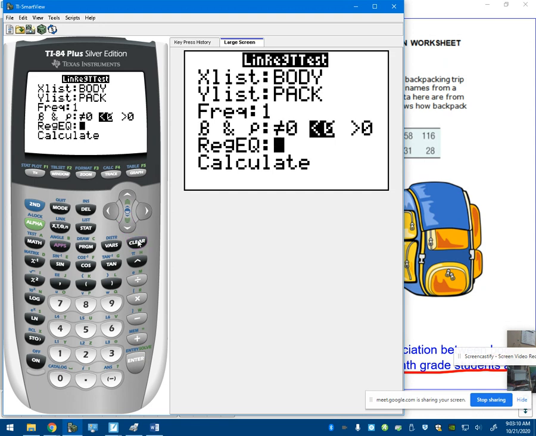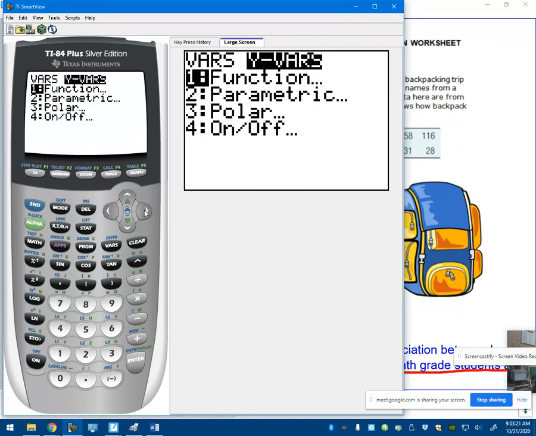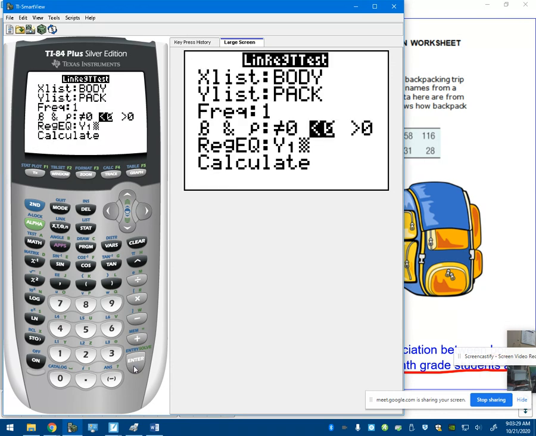To get Y1 in there, you hit bars, which is right beside the clear button. We want a Y variable, so I have to go over to Y-vars and then just hit function because we want it to say Y1. A line is a function, and then hit enter. And that gets the Y1 in there, and now you don't have to remember that until late next week. Okay, go down and hit calculate.